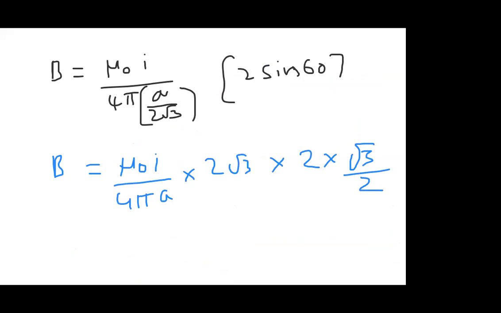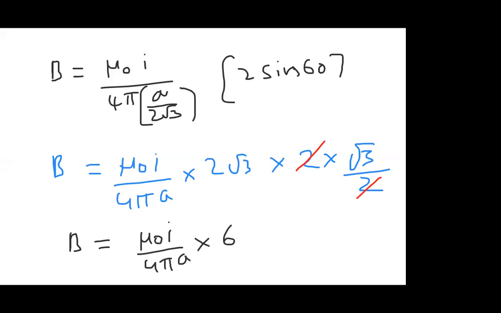Let me cancel this 2 and 2. And root 3 into root 3 will become 3. So from that I can write B is equal to mu naught I by 4 pi a into 2 into 3, that is 6.